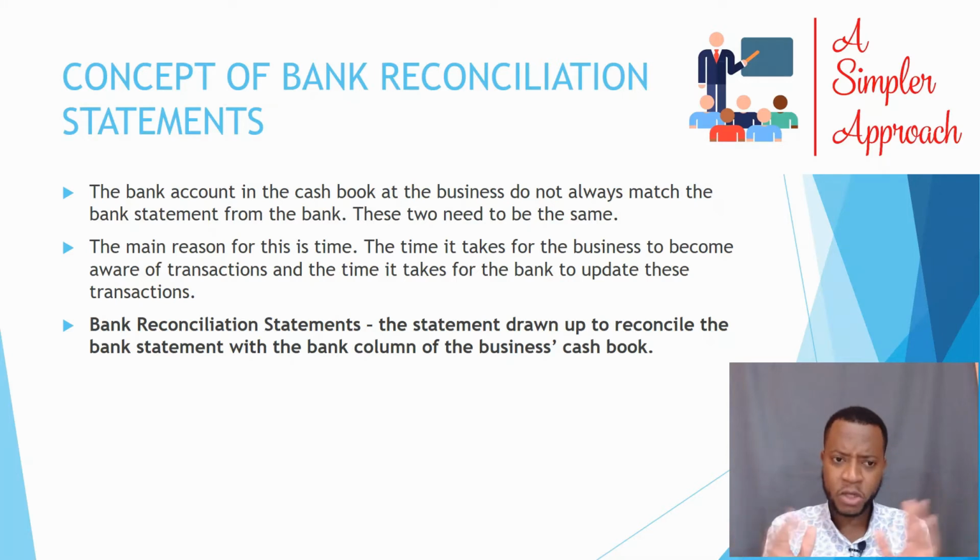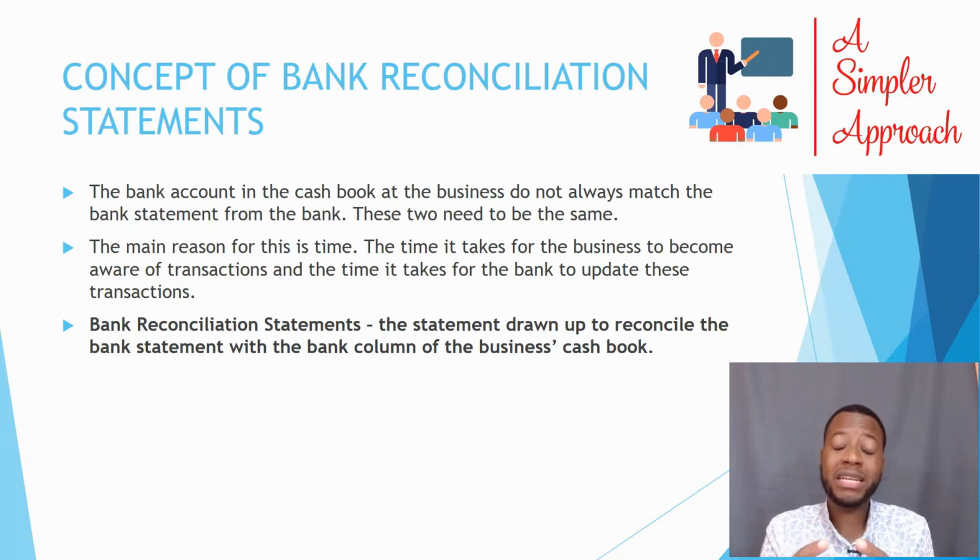You follow me? Cool. So, in order to bridge that gap, in order to bring the two together, make them equal, make them agree, make them par, you need a statement that would allow that to take place. And that is the purpose of the bank reconciliation statement.